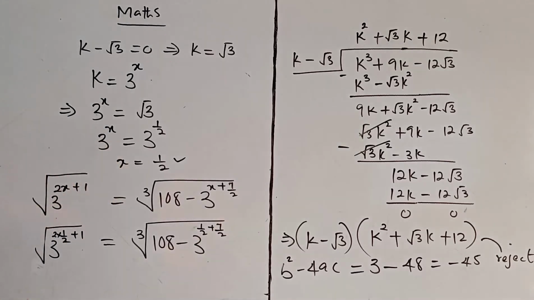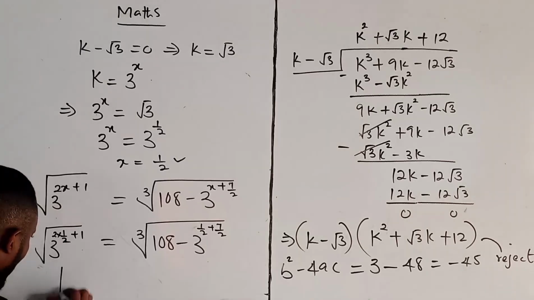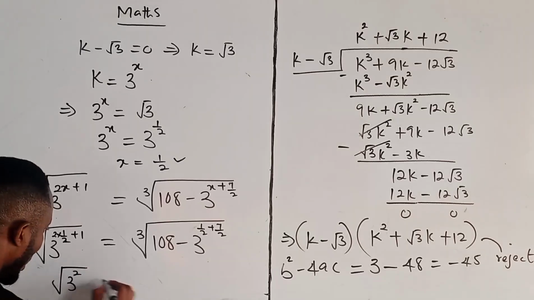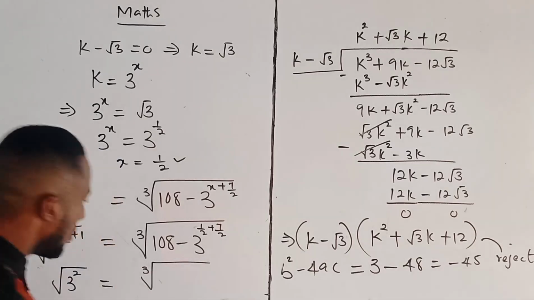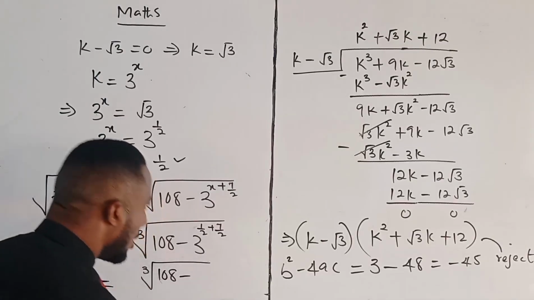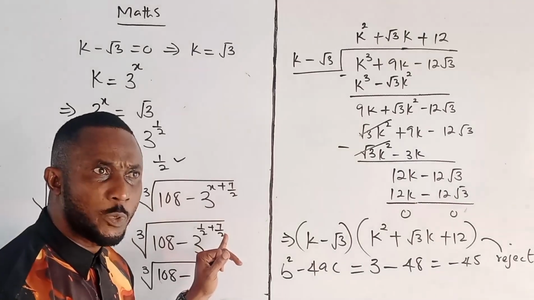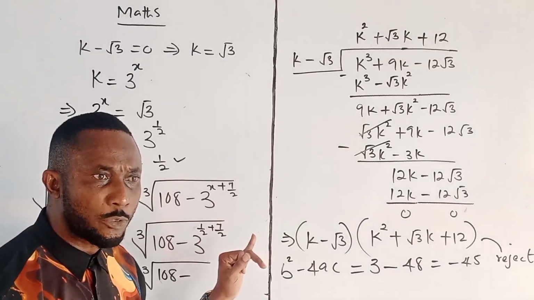We cannot tell because we are not Einstein, neither are we Stephen Wolfram. So 2 times half, that's 1. So we'll be having the square root of 3 squared. So here we'll be having the cube root of 108. On the exponent here, we have half plus 7 upon 2.